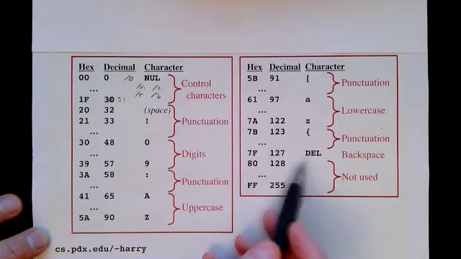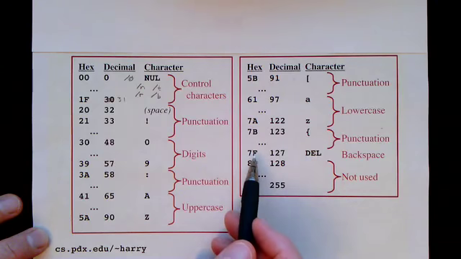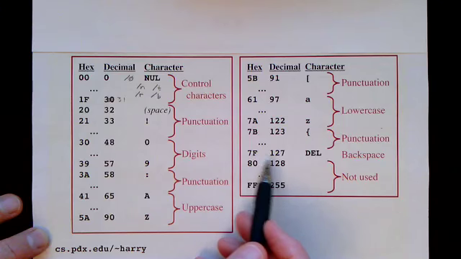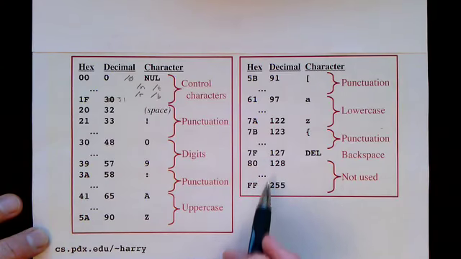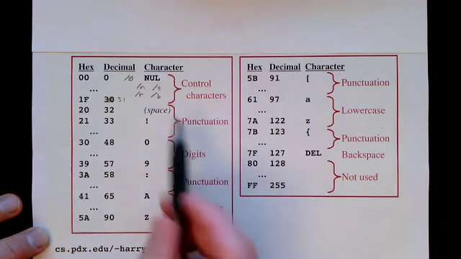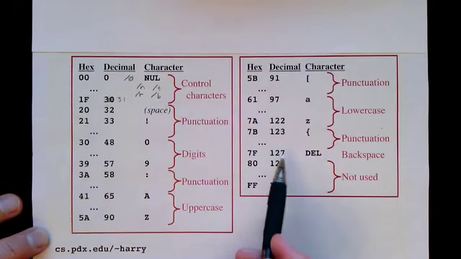And then we have something called delete, which corresponds to the backspace key, and that is the pattern 7F, or in binary 0111 1111. And the remaining entries are not used by the ASCII character set. So the ASCII character set only uses 128 possible bit patterns.